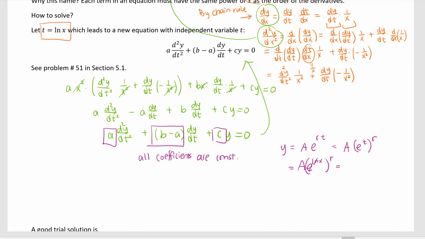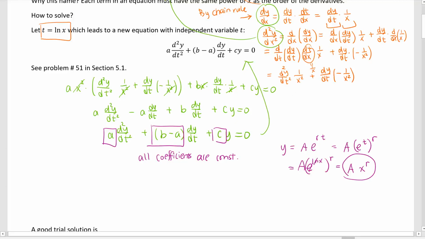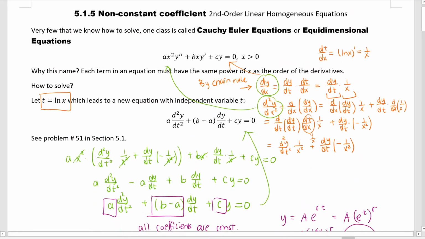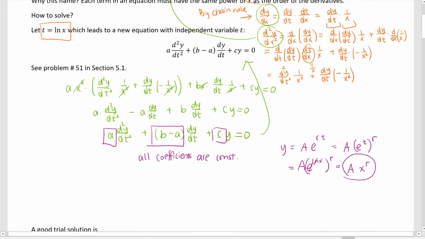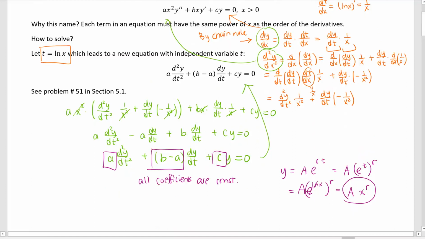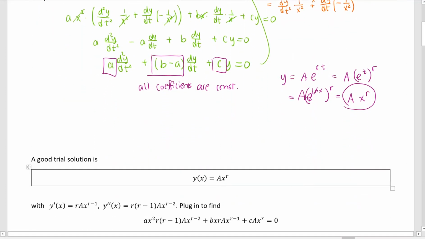What happened? e and ln cancel. So we have a x to the r. So actually the solution is of this form. So when we see the Cauchy-Euler equations, or what we call equidimensional equations, then the solution is going to be of the form a x to the r.